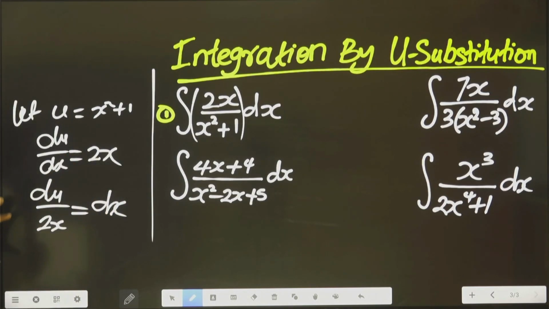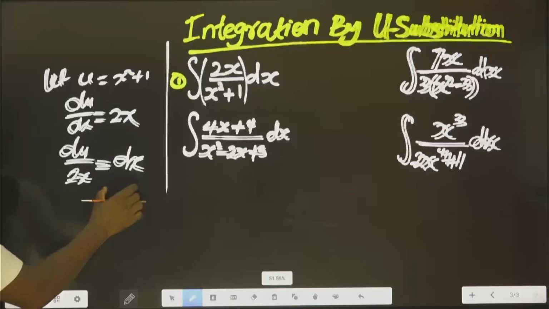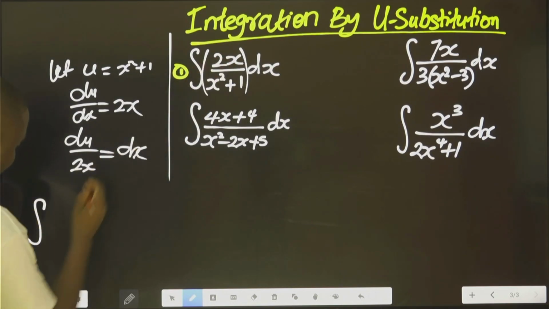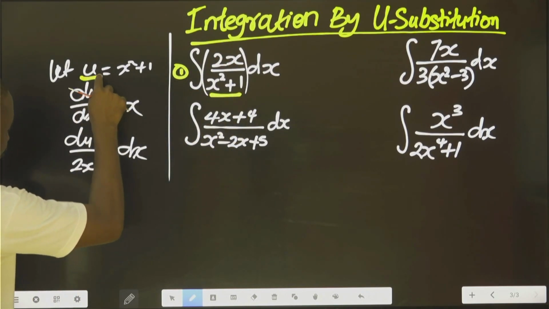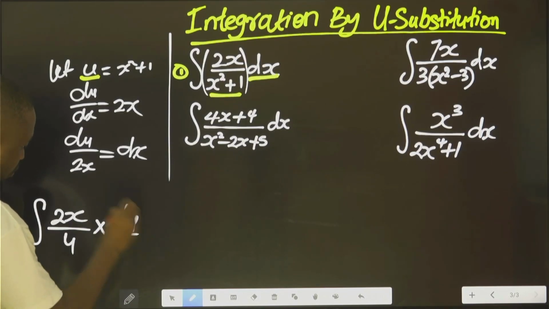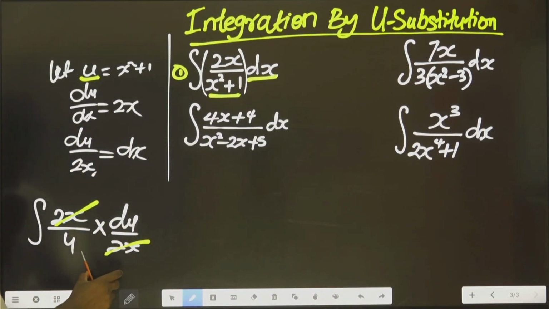So now, we can boldly replace this dx by saying, in place of 2x, we still leave 2x. For this one, we already have u for it. In place of this is du over 2x. This we cancel. What is remaining after that?